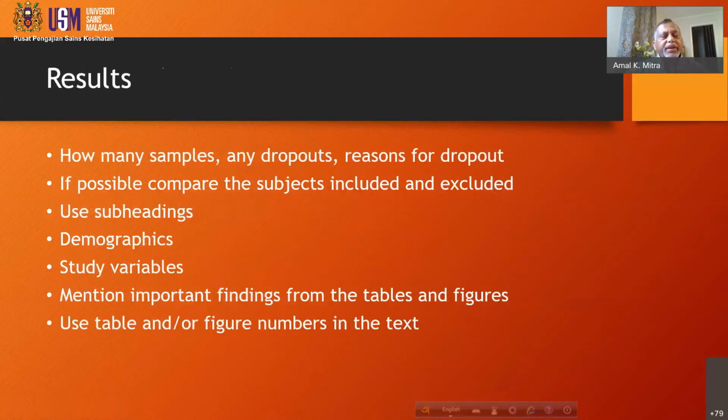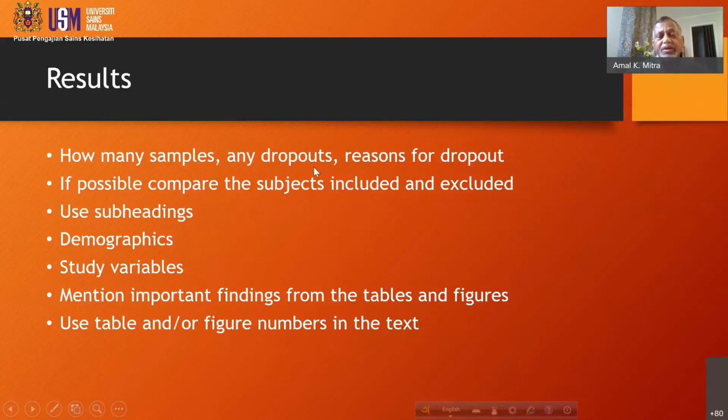The next part is the results section. First sentence: how many samples did you use? Was there any dropout? If there is any dropout, what percentage out of total? And reasons for dropout. This is an important part I want to mention.